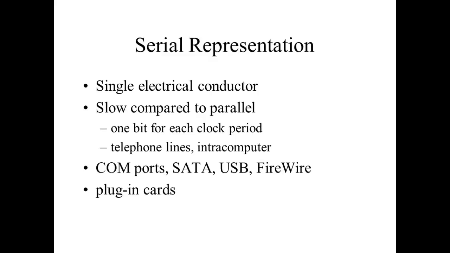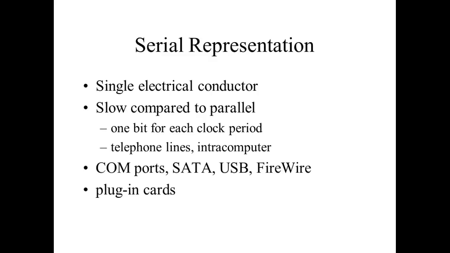We can send information two different ways. We can send it in what we call serial, and we can send it in parallel. What would you think the advantage of serial would be? What do you think serial means? Well, serial means one bit at a time.